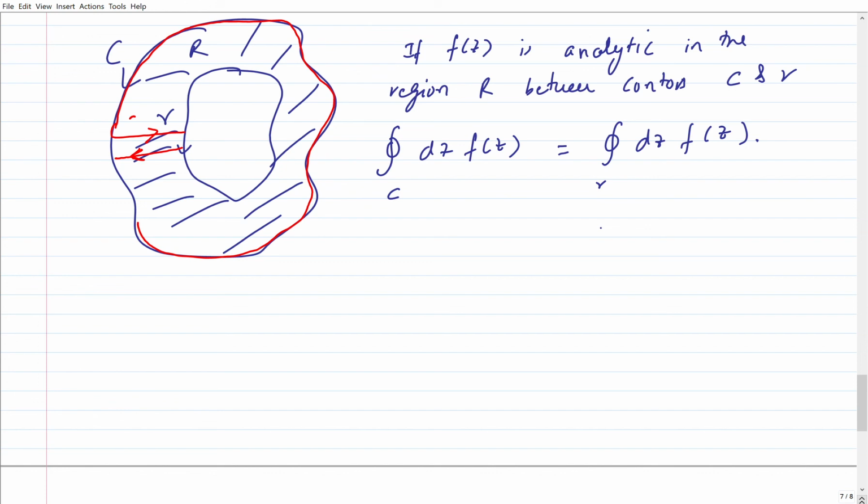So I'll call them C1, C2, and there's a gap here. And I'm again going to happily go merrily on my way. So this journey, I'm going to call gamma.